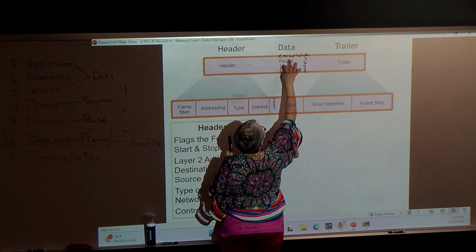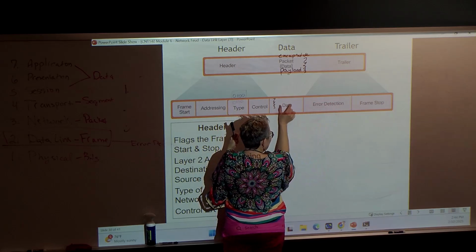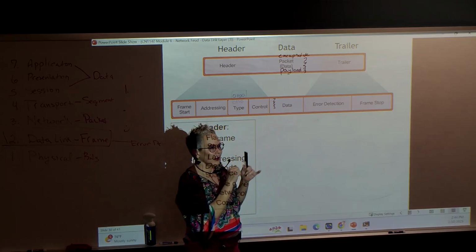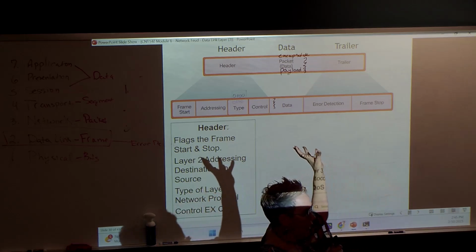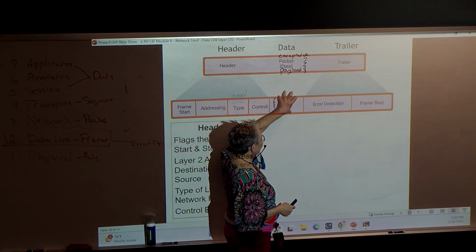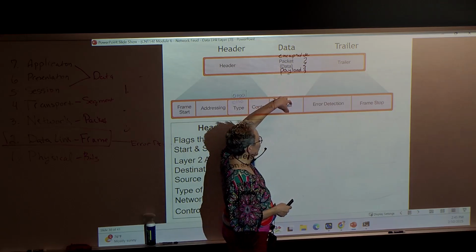So this data that's down here that gets wrapped up, what would I expect to see in there? Right, 3 through 7, everything from the upper layers. 7, 6, 5, 4, 3, the data represents everything that's come down from the upper layers.